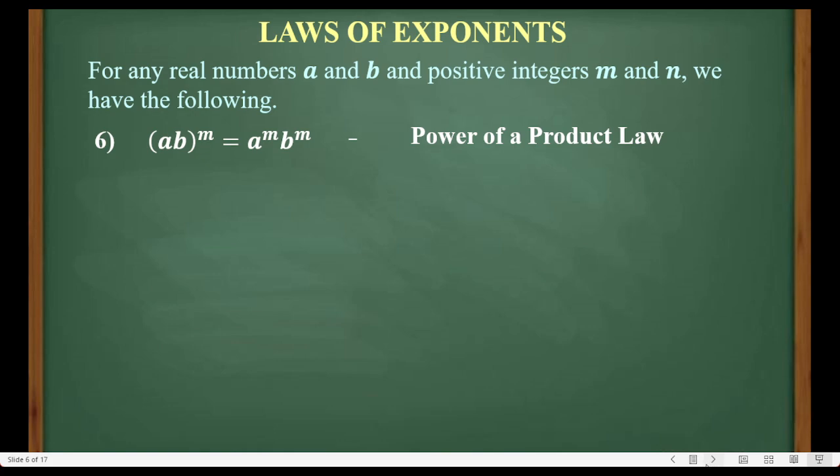So in this law, as you can see, the outer exponent is being distributed to each of the factors inside the parentheses. The outer exponent m became the exponent of a and the exponent of b.